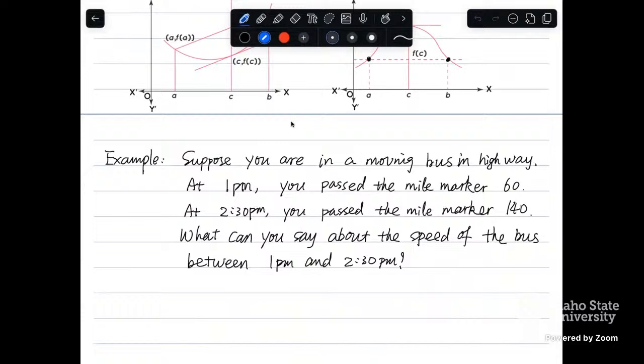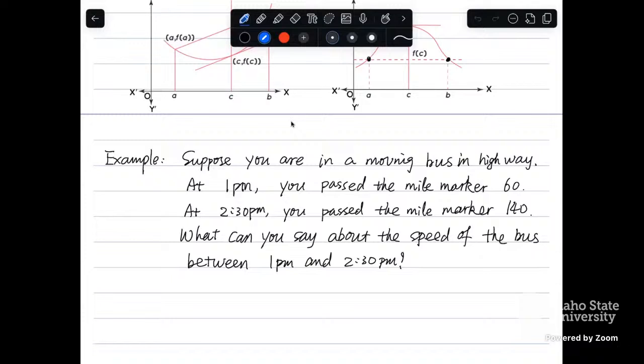But based on this information, you can certainly say there will be at least one particular moment when the speed of the bus should be the average velocity, which is 80 divided by 1.5.